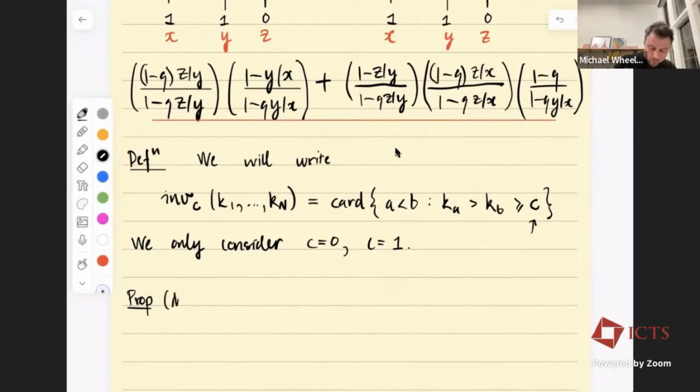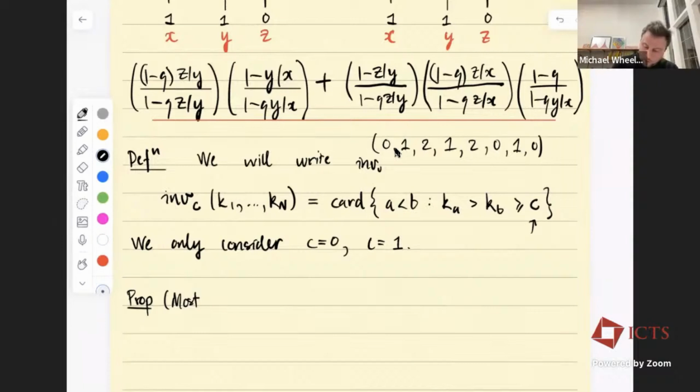Sorry, I'm not sure I understood what c is. Is c the difference between two Ks, or the value of the minimum of the Ks? It's the minimum of the Ks. Maybe I'll give an example, then it will be clear. Suppose I have something like 0, 1, 2, 2, 0, 1, 0. You can either count inv of 0, which counts all pairs such that the first element is bigger than the second.